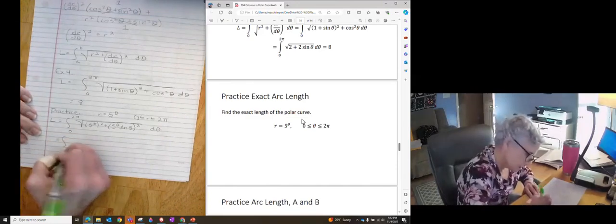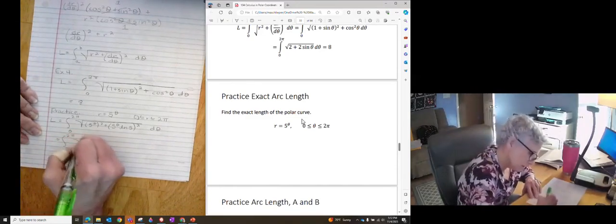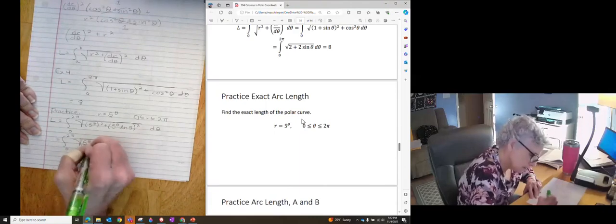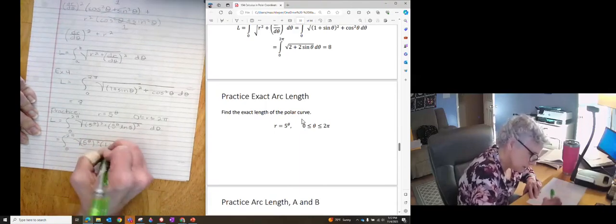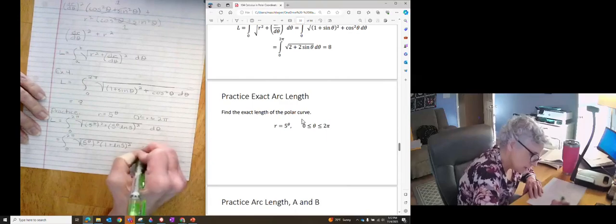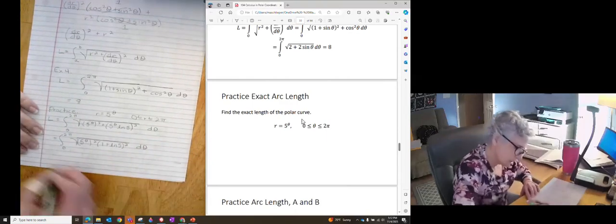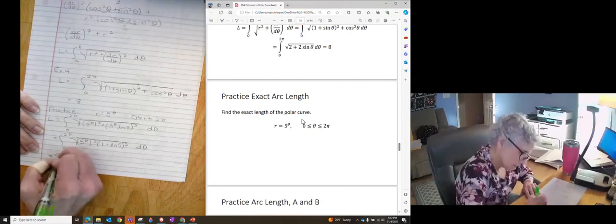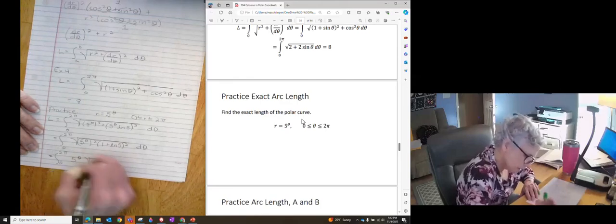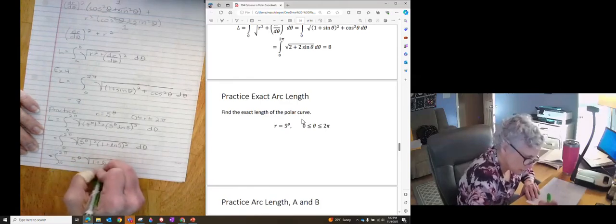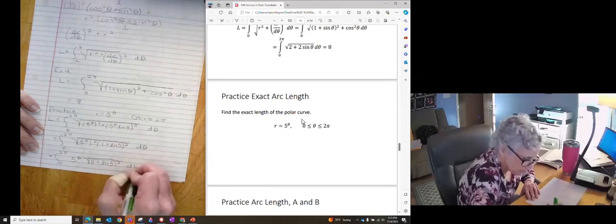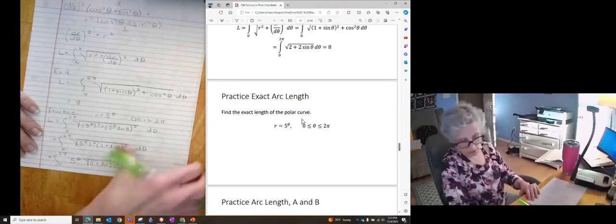Which would be the integral from 0 to 2π of the square root of (5 to the theta) squared times 1 plus (natural log of 5) squared dθ, which would be 0 to 2π of 5 to the theta times the square root of 1 plus (natural log of 5) squared.